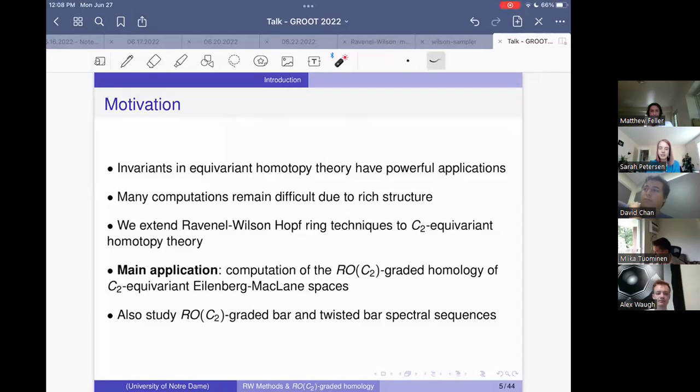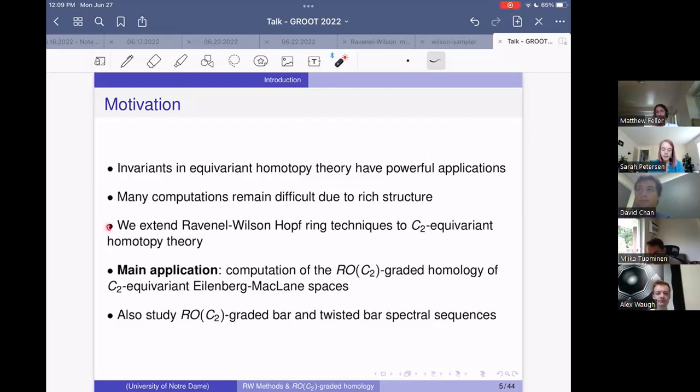Some of them include applications that Hill, Hopkins, and Ravenel used to solve the Kervaire invariant one problem, and equivariant and motivic applications that Dan Isaksen and coauthors have been using to compute differentials in the Adams spectral sequence. But despite these powerful applications, many computations remain difficult to do because of all this rich structure that we're trying to keep track of with the G actions.